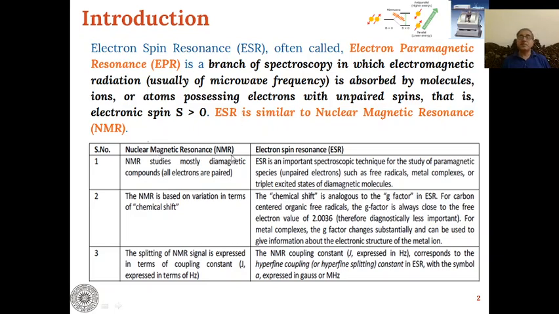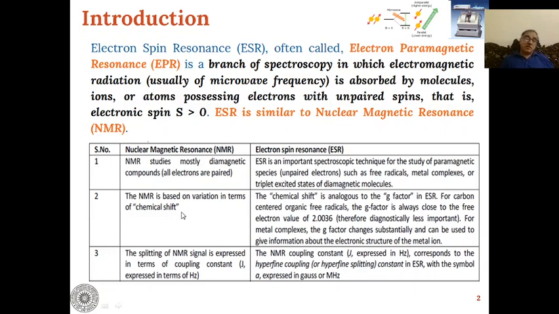Now the differences between NMR and ESR, as we have seen in the previous lecture: in NMR we mostly study diamagnetic compounds, whereas ESR is a study of paramagnetic species, maybe free radicals, metal complexes, then triplet excited states of diamagnetic molecules.